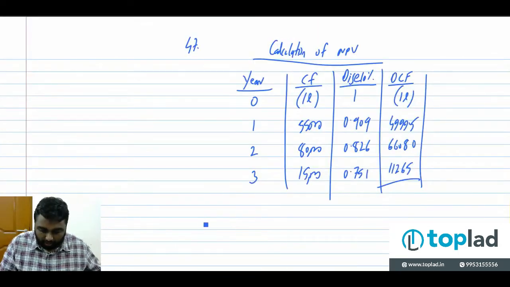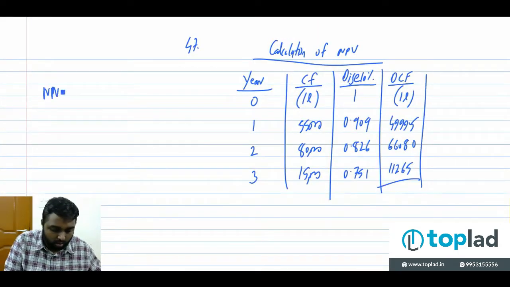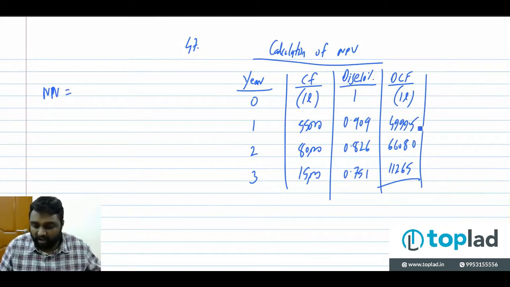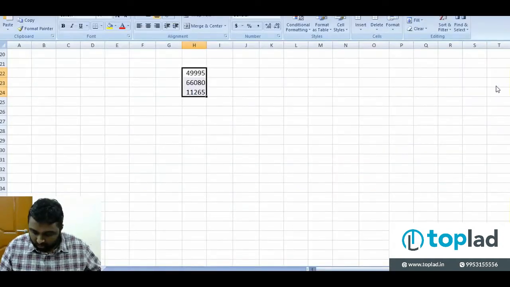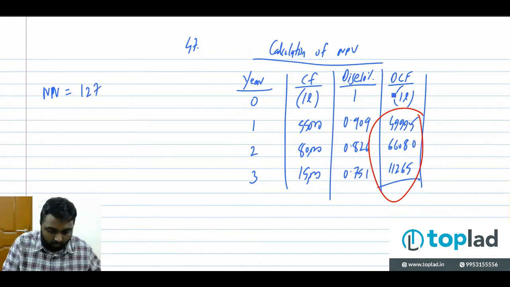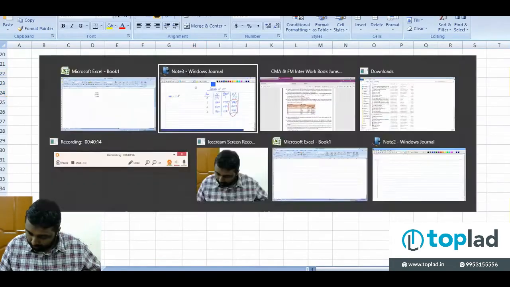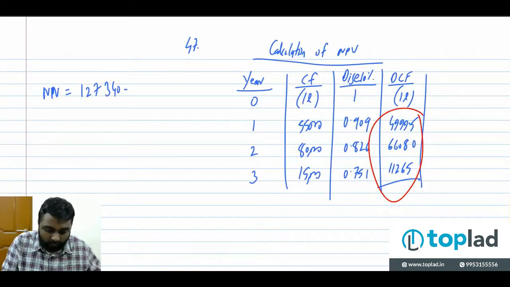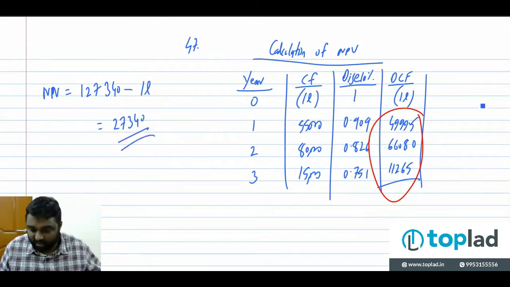So NPV equals the present value of cash inflow. Present value of cash inflow means the total of all the positives, which is 1 lakh 27,340, minus the outflow 1 lakh, giving 27,340.